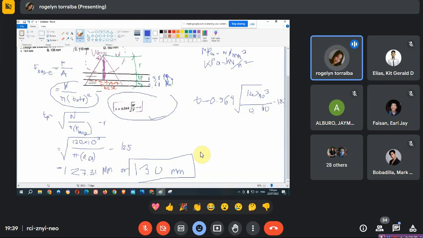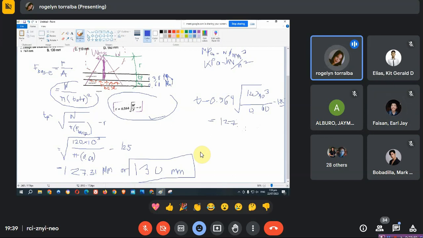Sige, i-solve daw ni. Pili answer ni class. 127.23. 120 point. So, pareha rin to point something.